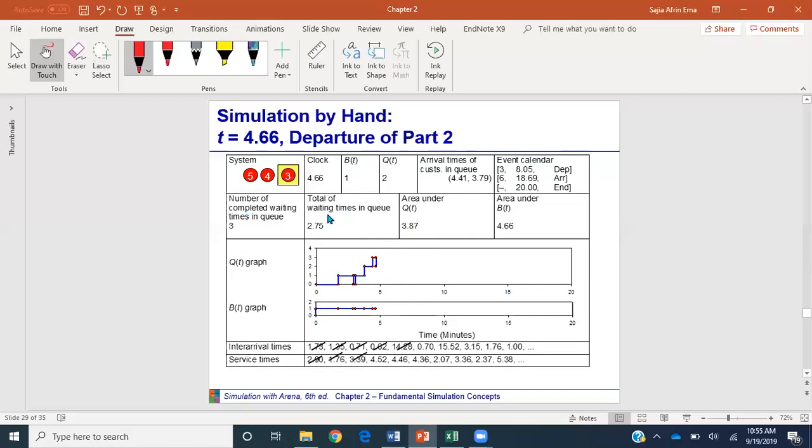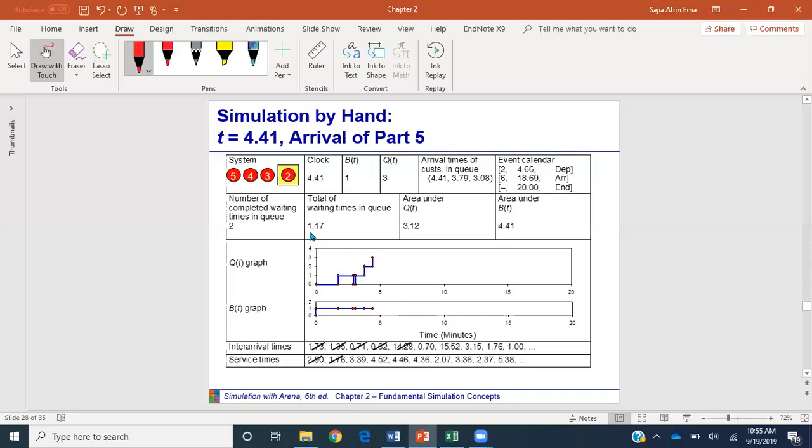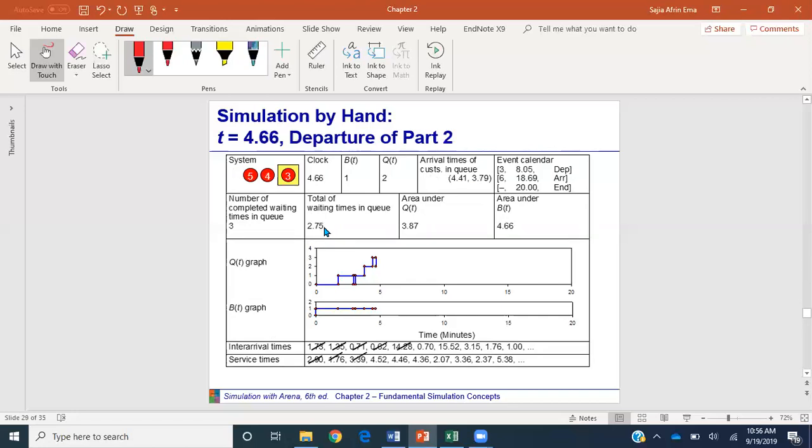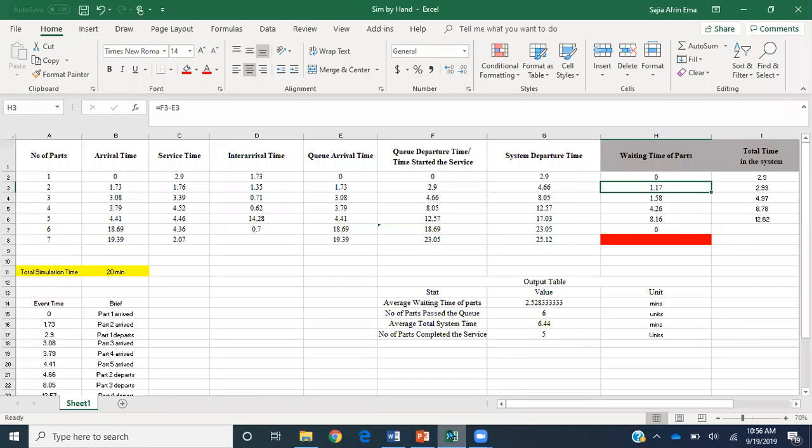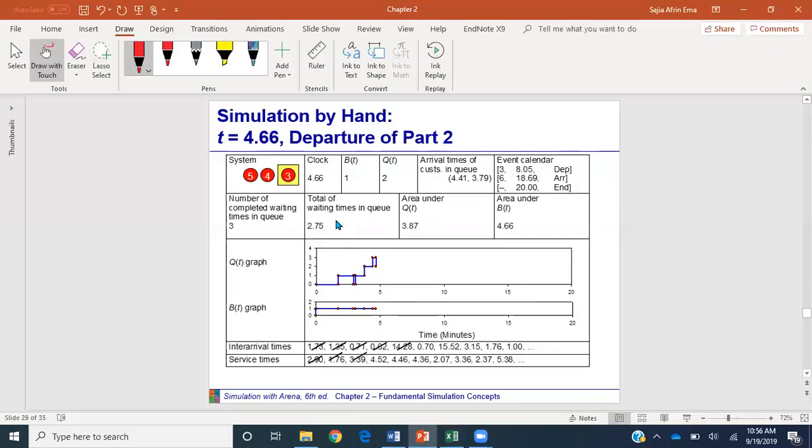And for total waiting time, in the previous slide we saw it was 1.17, which was for part 2. Now it added up the waiting time of part 3 and the waiting time of part 2 together. So the waiting time of part 3, let me go back to Excel, is 1.58 minutes. And the waiting time of part 2 is 1.17.